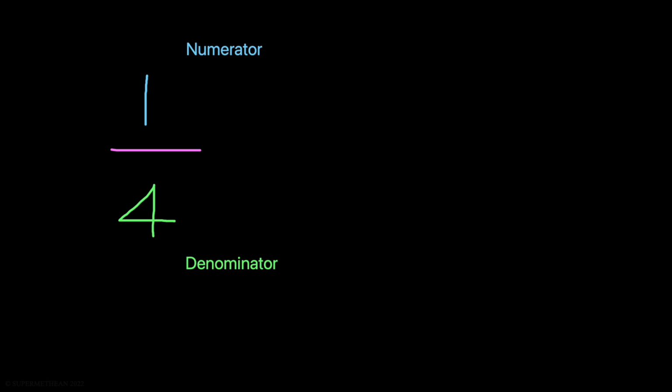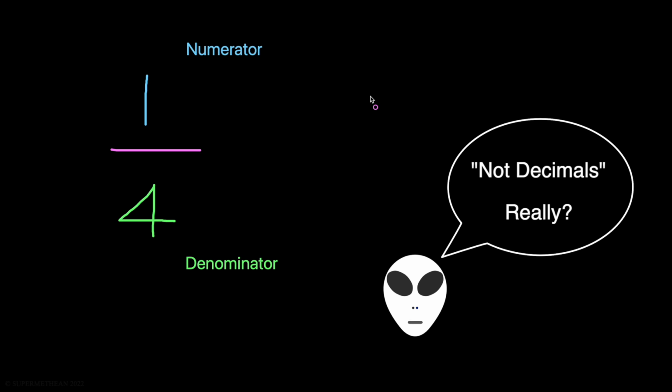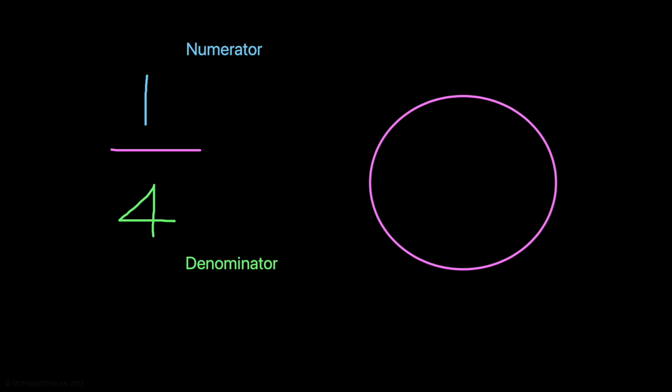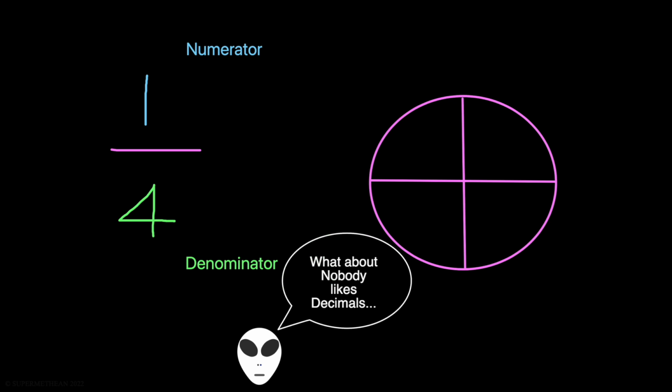Now how I remember this is I just think of fractions as not decimals. Even though fractions and decimals are actually kind of the same thing, I just think not decimals to help me remember that the n goes on the top and the d goes on the bottom.